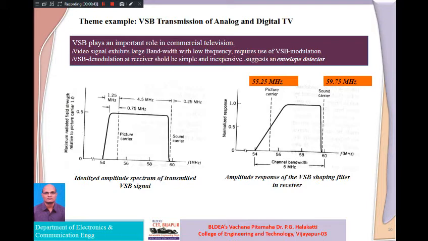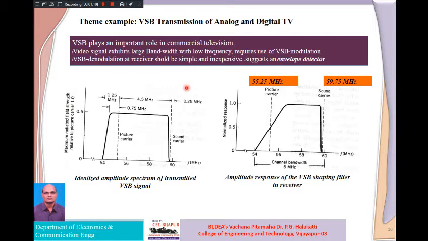But the problem is that the bandwidth requirement for the transmission of video signal is very high. Moreover, its corresponding demodulation circuit at the receiver, we want it to be very simple and inexpensive. Okay, so that is an analog detector circuit.